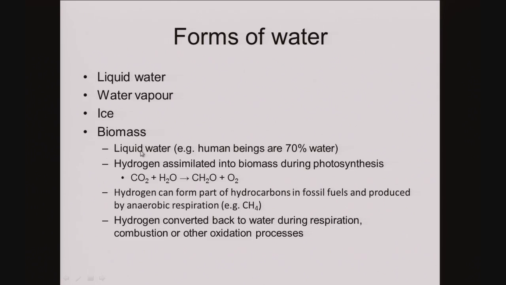For example, if you think about liquid water, human beings are about 70% water, so it's a significant part of you, me. Hydrogen is assimilated, so there's this chemical reaction here, into biomass during photosynthesis. And we'll use this chemical equation in one of the examples in the second part of the lecture.